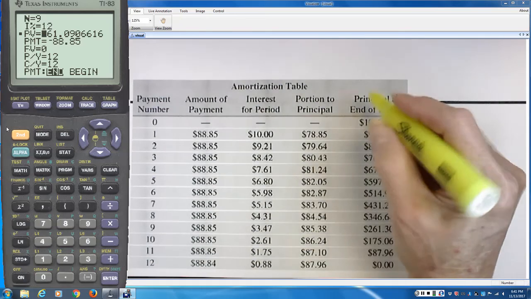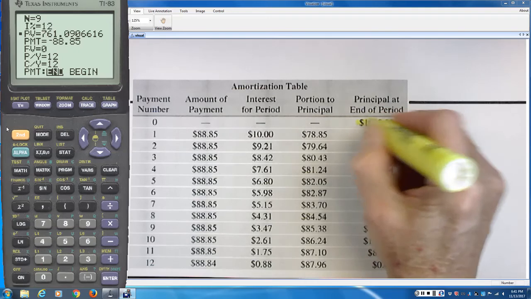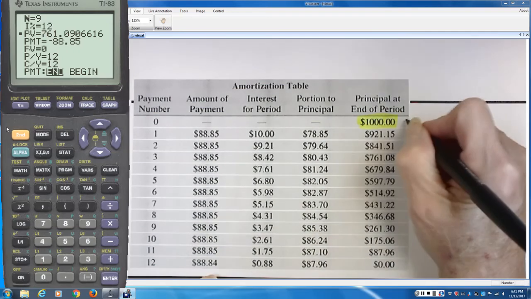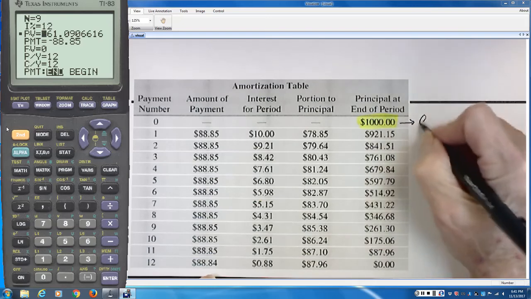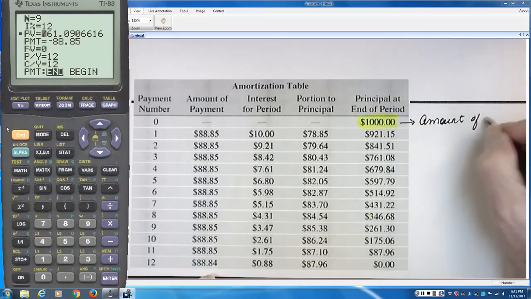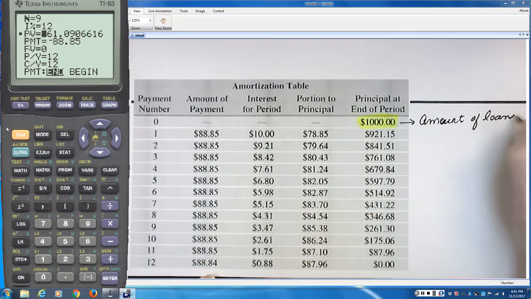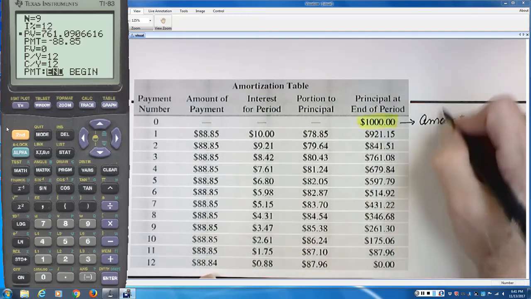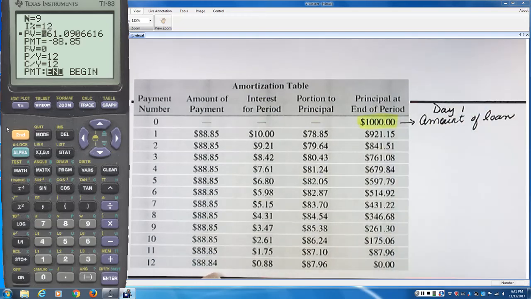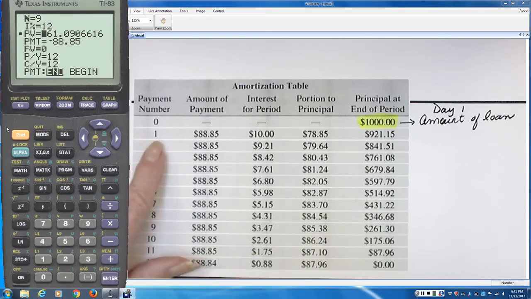This is the amount of money Cassie borrowed. She borrowed $1,000. That's day one. At the end of the month, it's time for Cassie to make a payment.